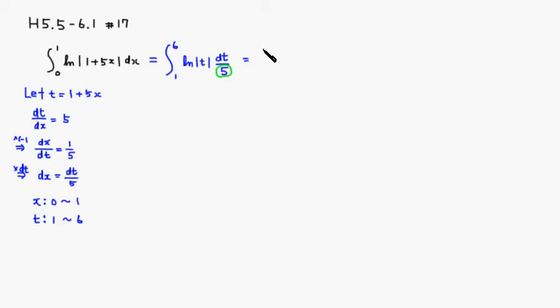Then you have an integral from 1 to 6 of natural log of absolute value of t dt.